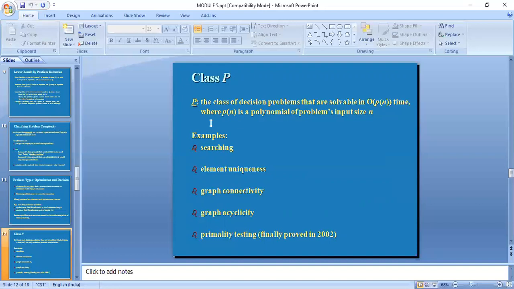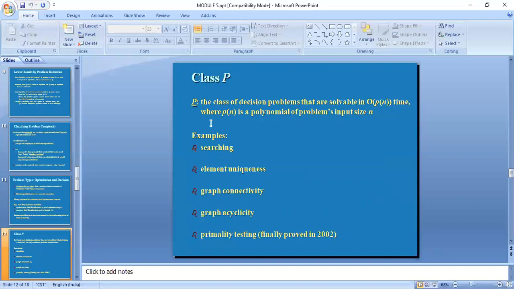Here, a class P problem is usually a polynomial one: the class of decision problems that are solvable in order of p(n) time, where p(n) is a polynomial of the problem's input size n.